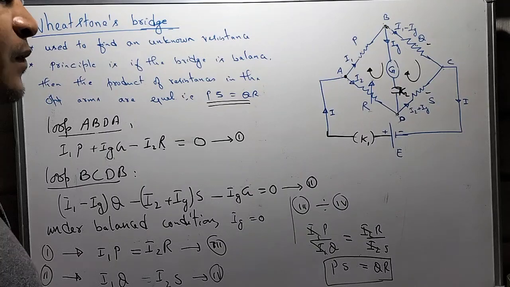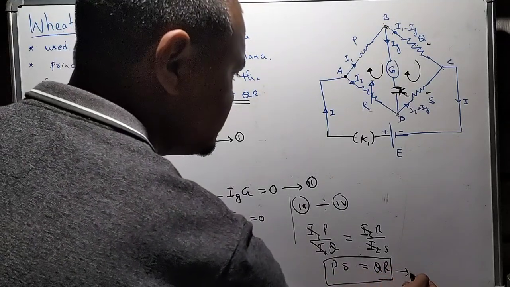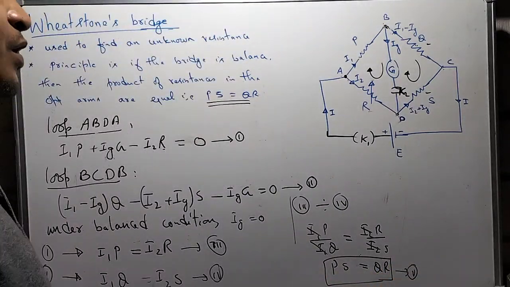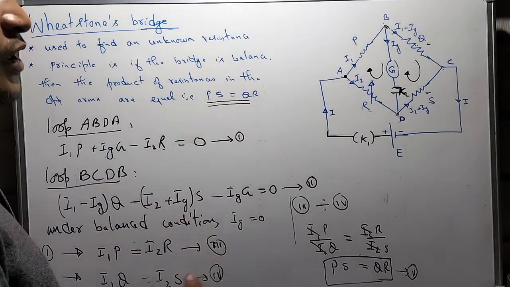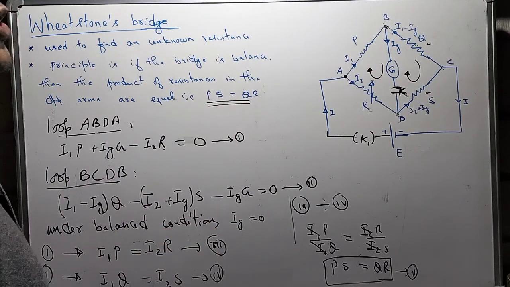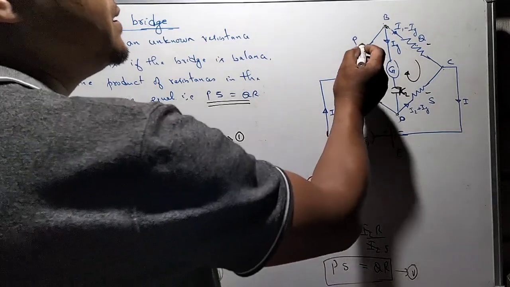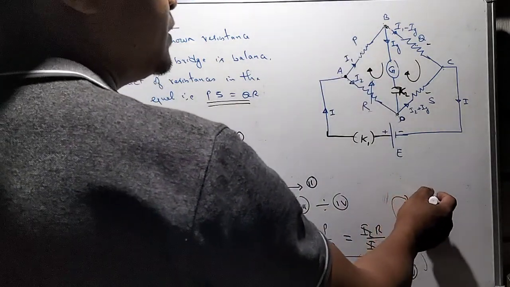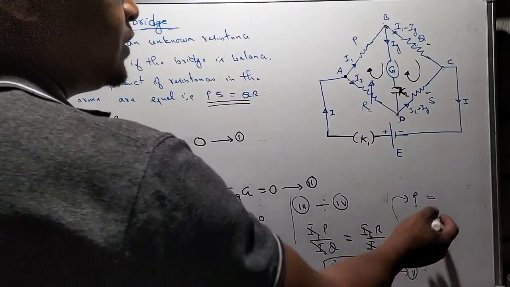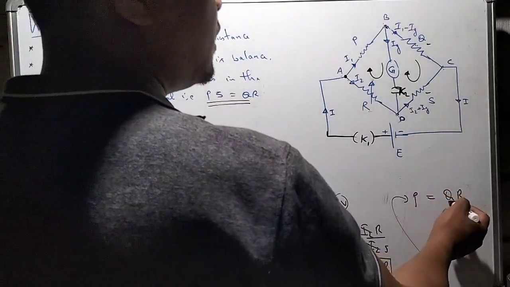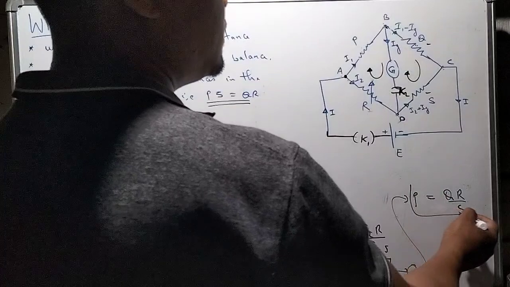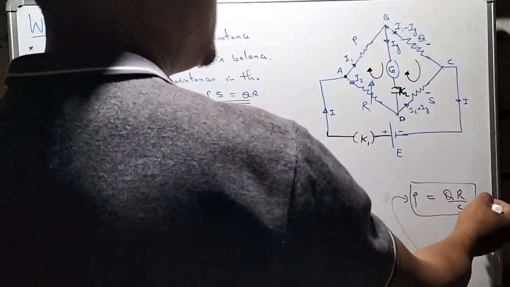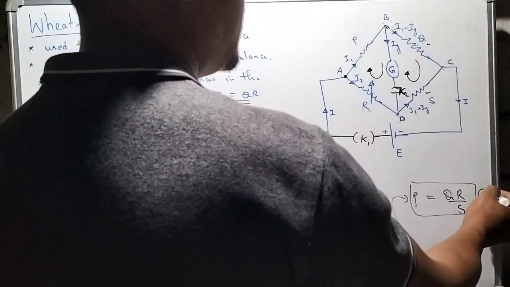Now let me name this as equation 5. From this equation 5, which one is your unknown resistance? Your unknown resistance is P. So if you find P from here, you get QR upon S. Let me name this as equation 6.